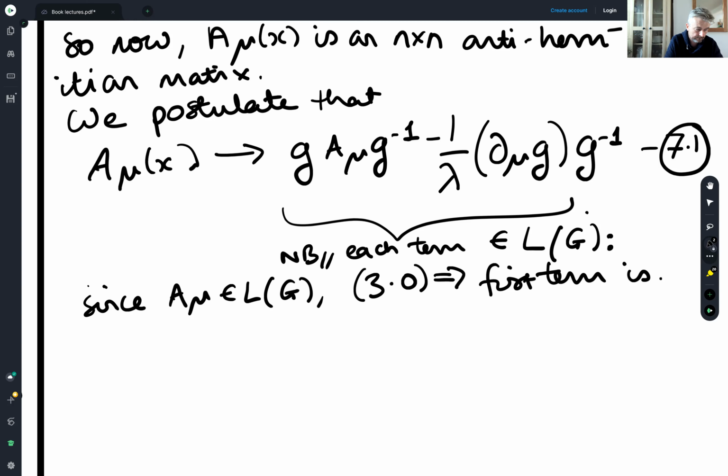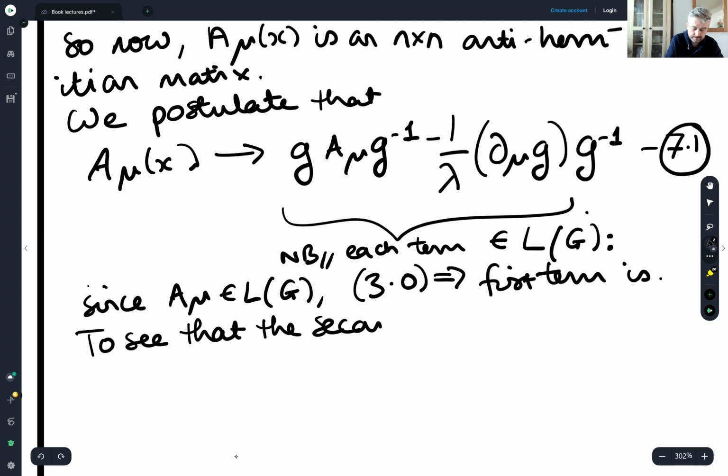So to see that the second term is, put G of t in the group as a curve.